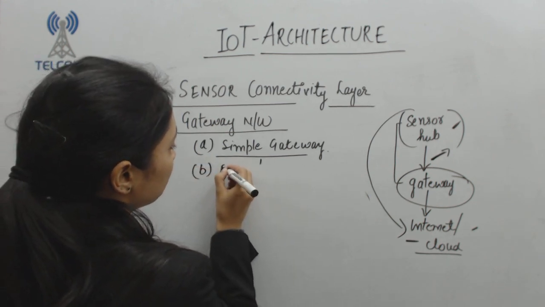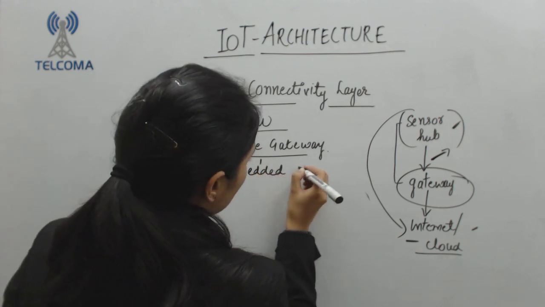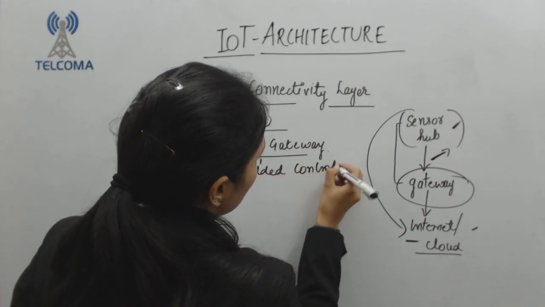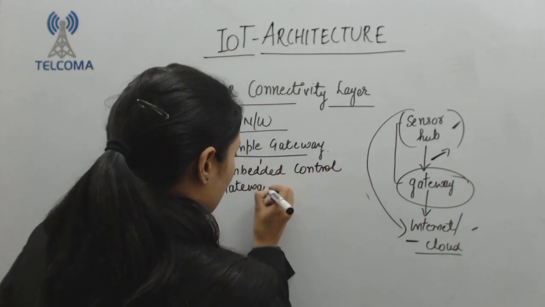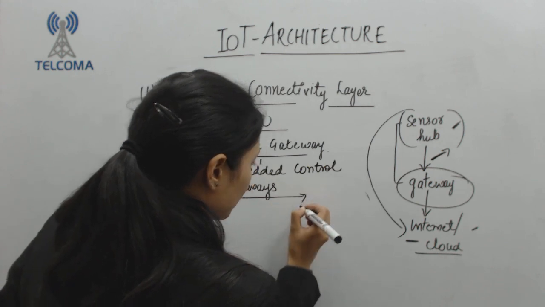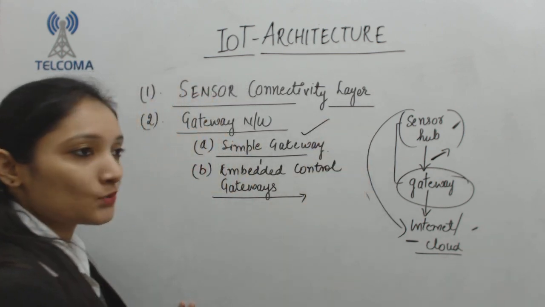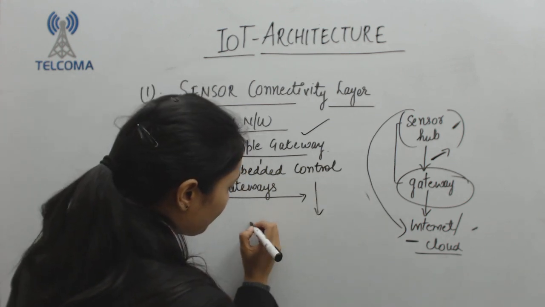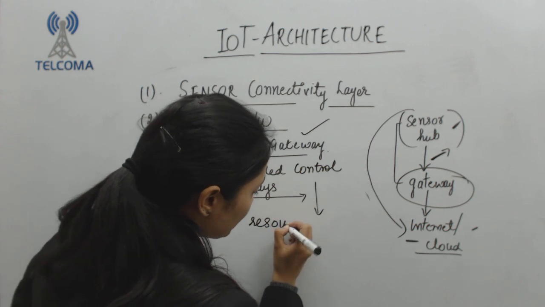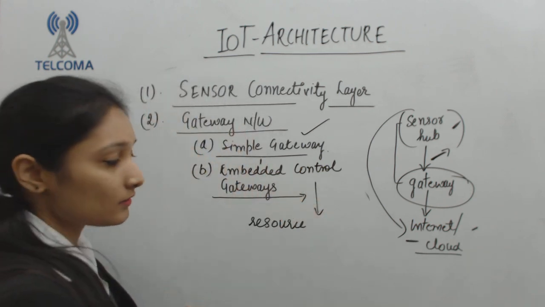Next is your embedded control gateways. So your embedded control gateways basically extend the functionality of your simple gateway by adding the resource processing, or we can simply say by adding some intelligence to this gateway.